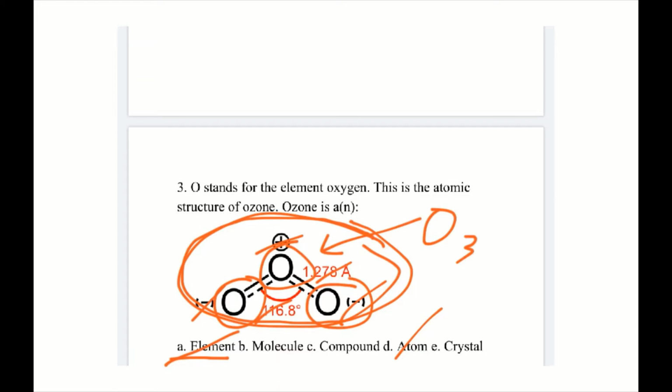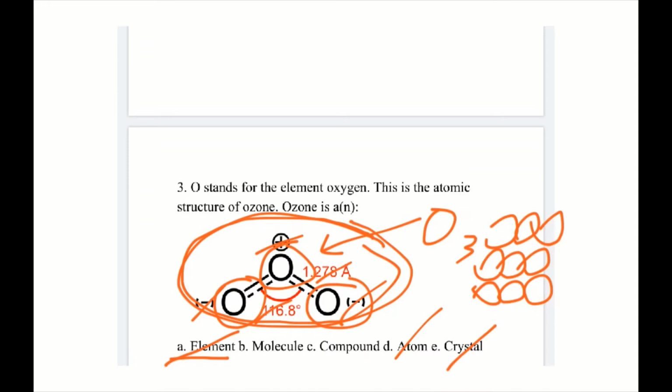So, is it a crystal? Well, there's only one of it, and remember, in crystals, like crystalline solids, the atoms are arranged in an orderly fashion, and there are usually a lot of them, like in the last problem. So this is not a crystal. And we have 2 options left, molecule or compound.